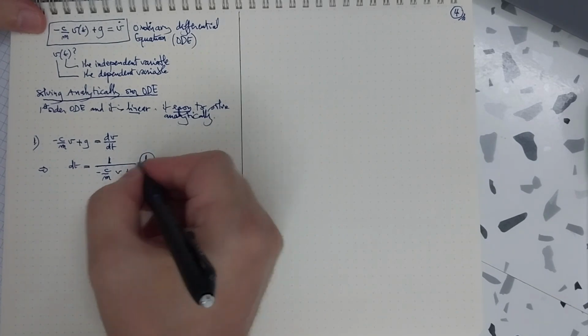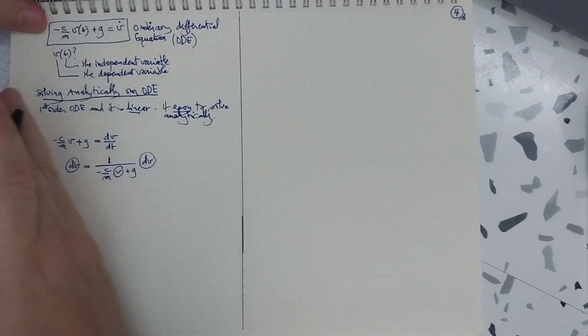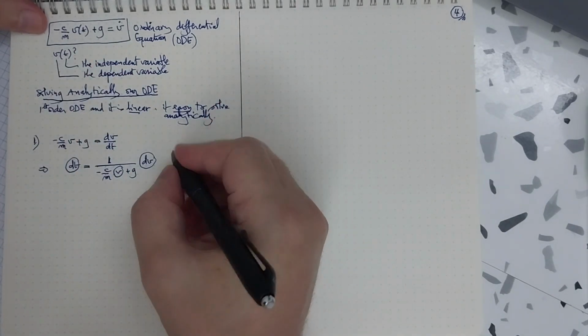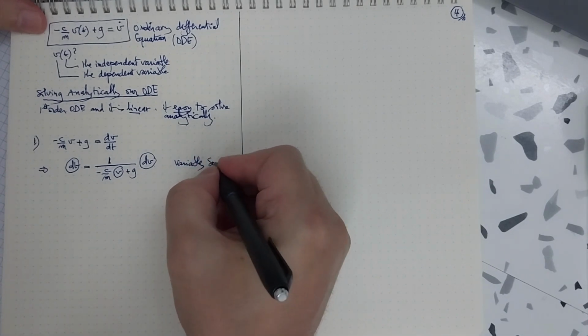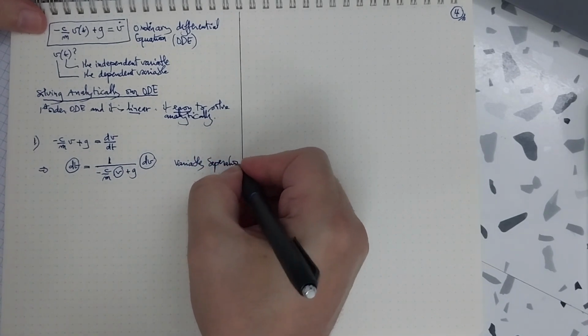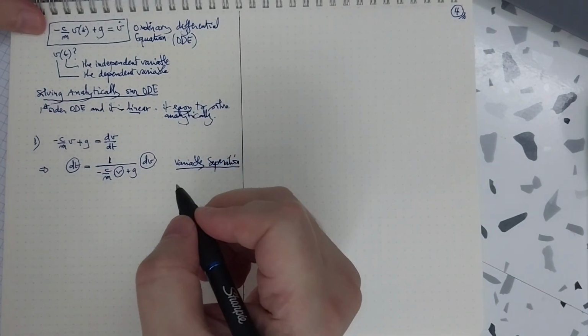So we have here only v, and here we have only t. We have separated the variables. This is the first step. There are 4 steps. Variable separation.